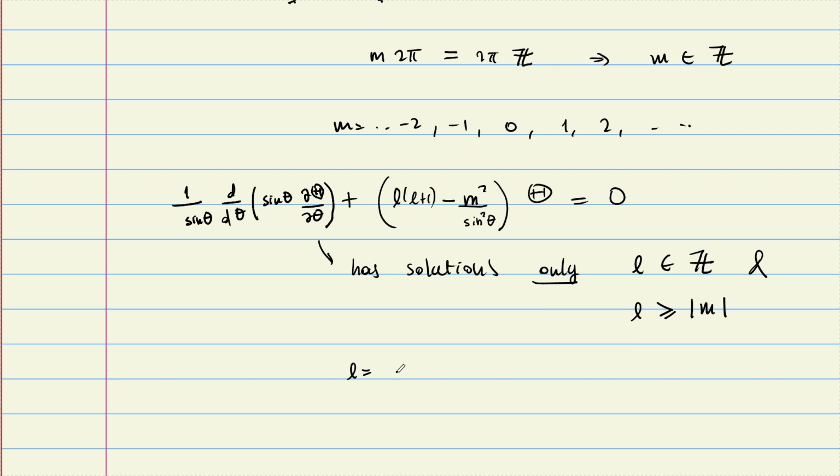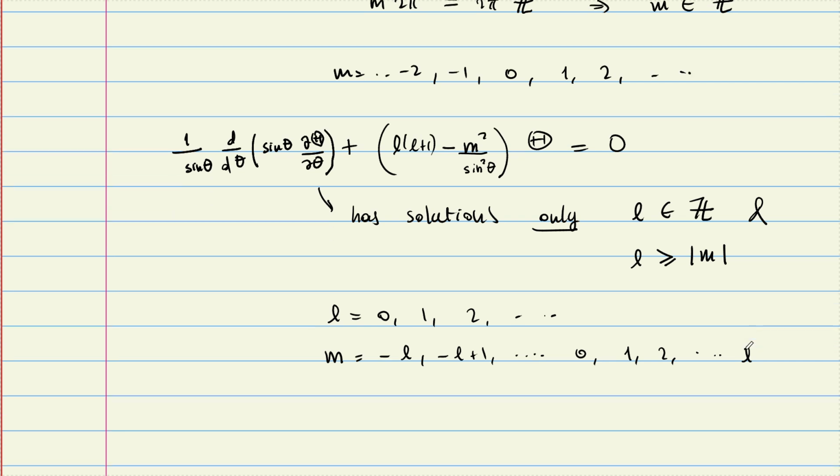Then we can say there are solutions, and they can be for L equal to 0, 1, 2, all the way up to, maybe the other way around. So I can either constrain L based on m, or I can constrain m based on L. So I can say L is equal to 0, 1, 2, and so on, and I can say m is equal to minus L, minus L plus 1, up to 0, 1, 2, ..., L, right?